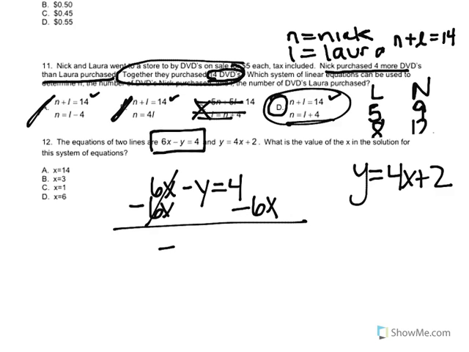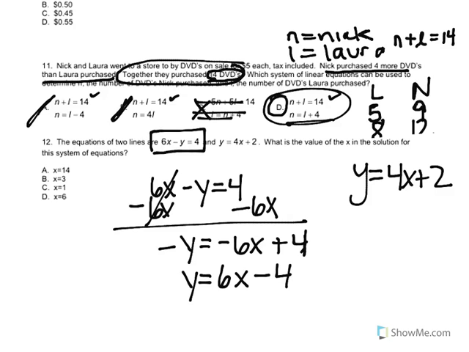These cancel out, so I have negative y equals negative 6x plus 4. Now I wanted y equals, not negative y equals, so we have to divide everything by negative 1. And we have a shortcut for dividing by negative 1. We just change all of the signs. The negative y becomes positive, the negative 6 becomes positive, the positive 4 becomes negative.